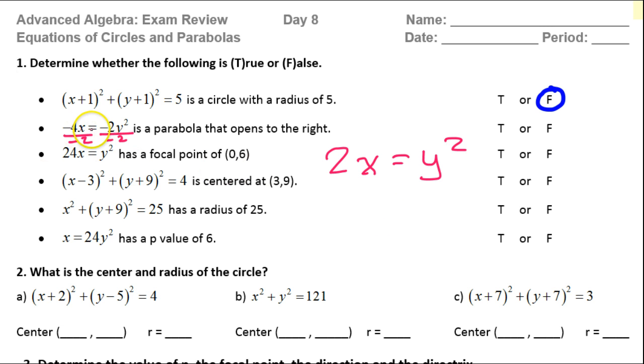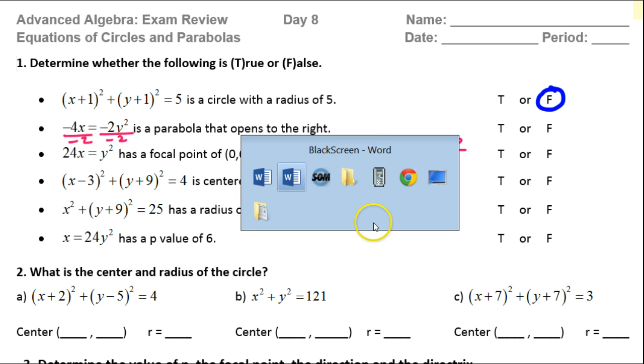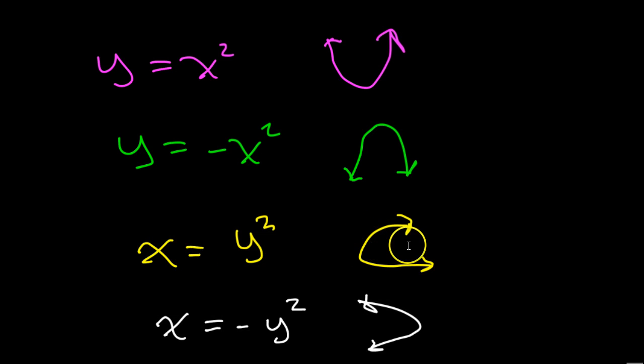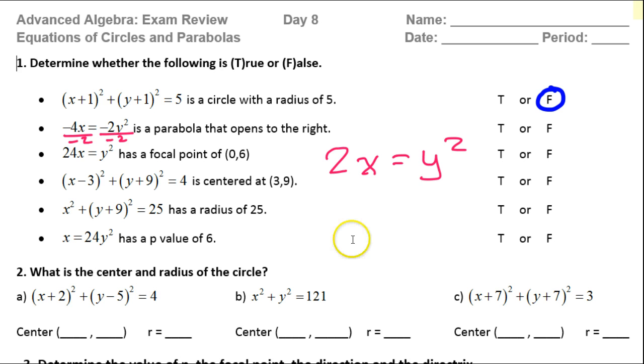So you might have thought it would be going to the left because of the negative, but because it's negative on both sides, they cancel out. So it's really positive. So that's why we're dealing with this situation is facing to the right. And that's why that one is true.